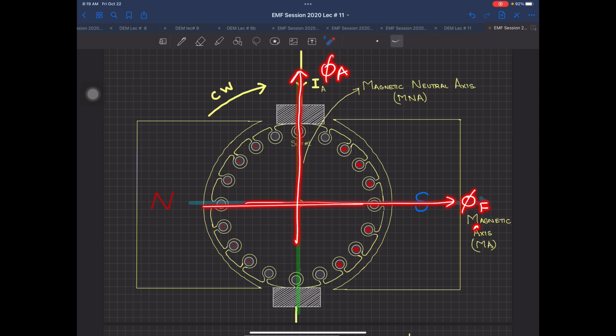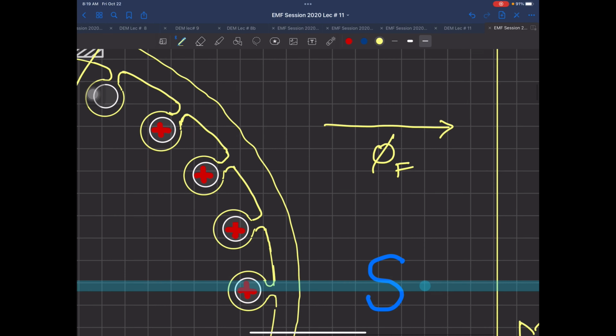When the machine is working at no load condition, this phi A will be very small. So our condition would be something like this: if I have this phi F like this, let me draw a vector over there, and if I zoom this in, phi A at no load will be very, very small, so it will be something like this. So the resultant of these two will be this vector, which I am going to call phi R.